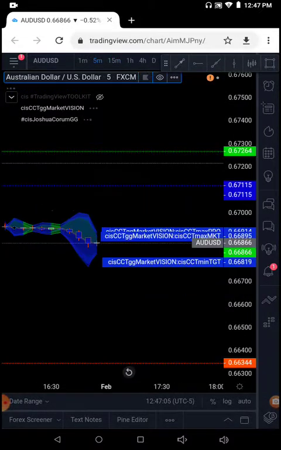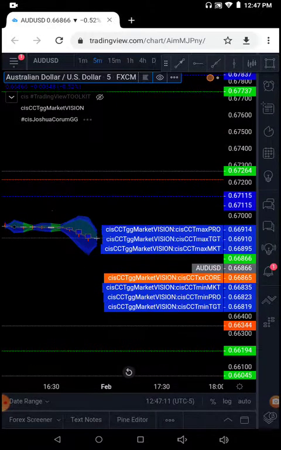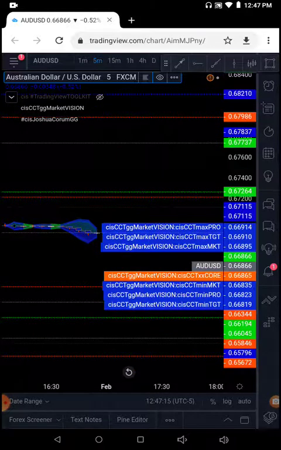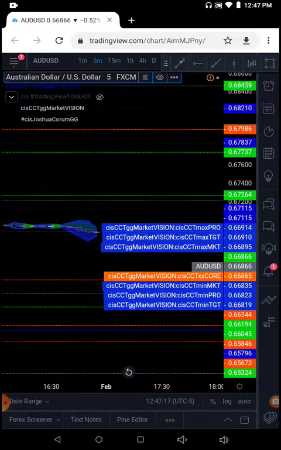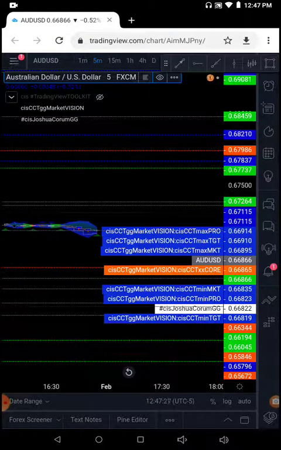I'm going all the way back, and I'm going to zoom my chart in on this 5 minute until I can get the majority of my pro trading levels for at least a couple hundred pips in either direction from where we're at. Let me try to get all the way down to my buy target, which is around 65.